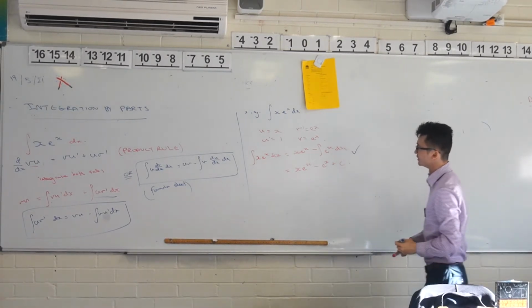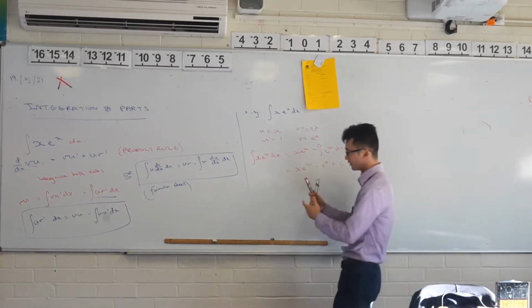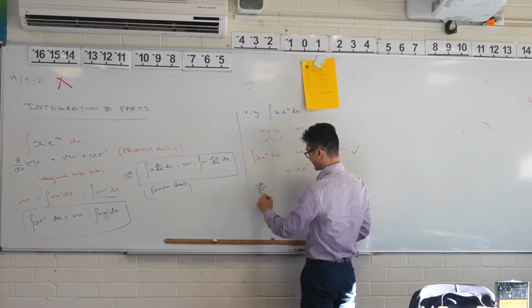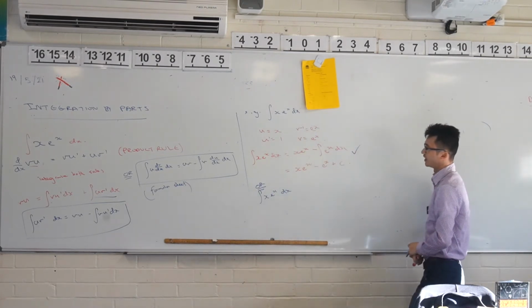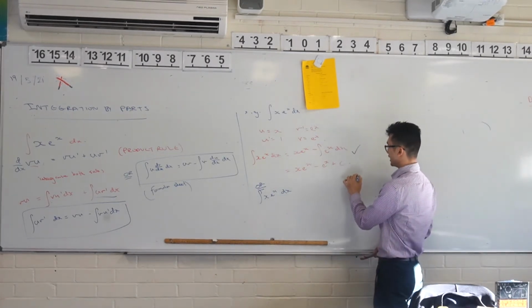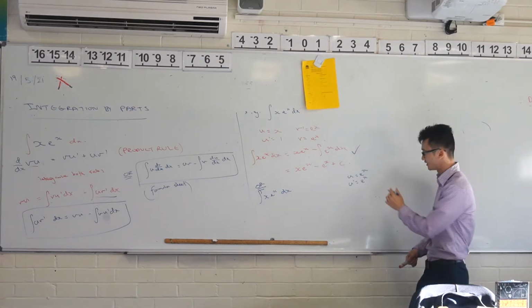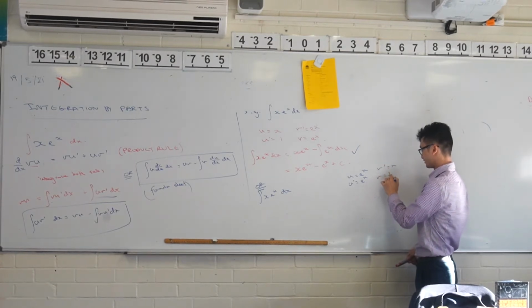I guess the question is, what would have changed if we hadn't chosen it in that way? Well, let's have a look. So we get the integral of x e to the x, but this time let's swap these around. Let's say I chose u as e to the x, and u dash is just as easily found, it's still e to the x. v dash is x, so v would be half x squared.